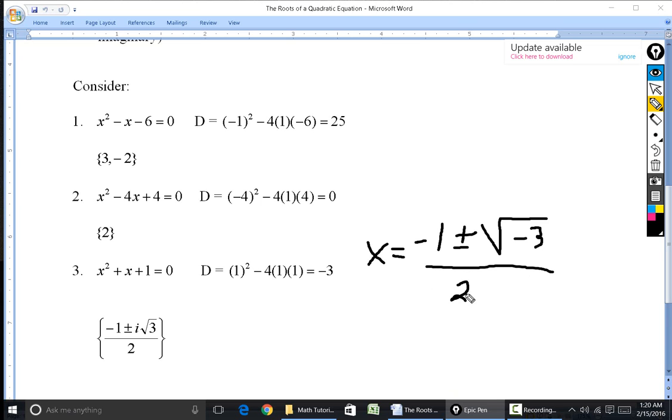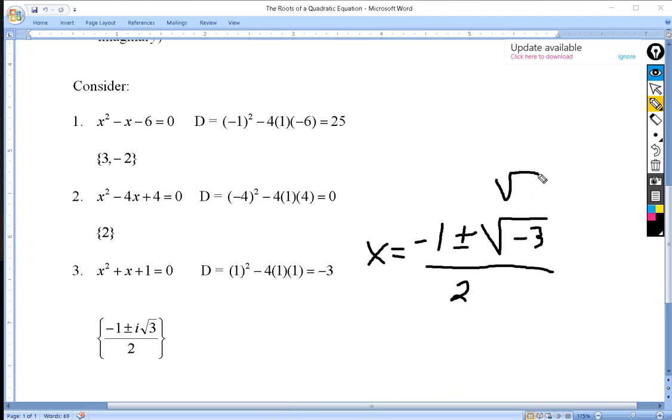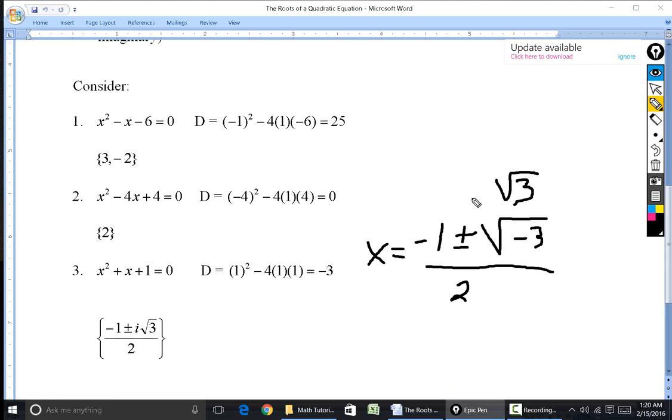And then, of course, you simplify this. The square root of negative 3 can be written as the square root of 3 times the square root of negative 1. But the square root of negative 1, by definition, is i. And that's how I got this solution here.